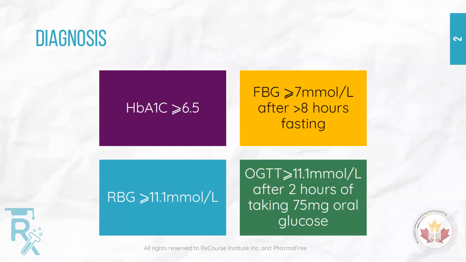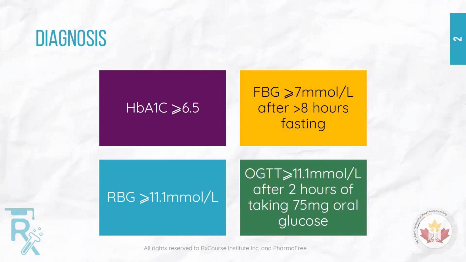So when will we decide that someone has diabetes? First, if the HbA1c, which is the glycosylated hemoglobin for the last 3 months, is 6.5 or more, or if the fasting blood glucose is 7 millimole per liter or more, or if the random blood glucose is 11.1 millimole per liter or more.